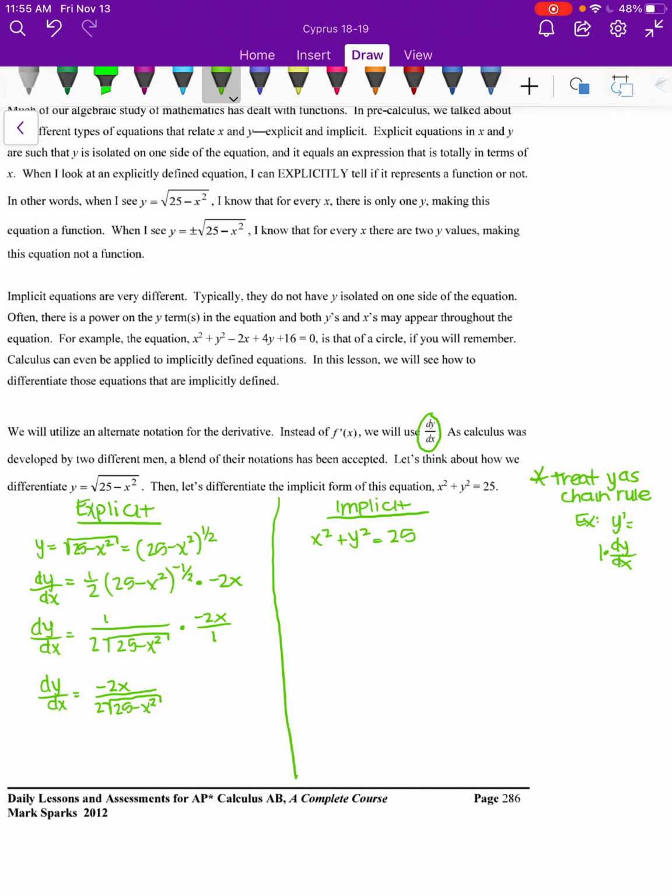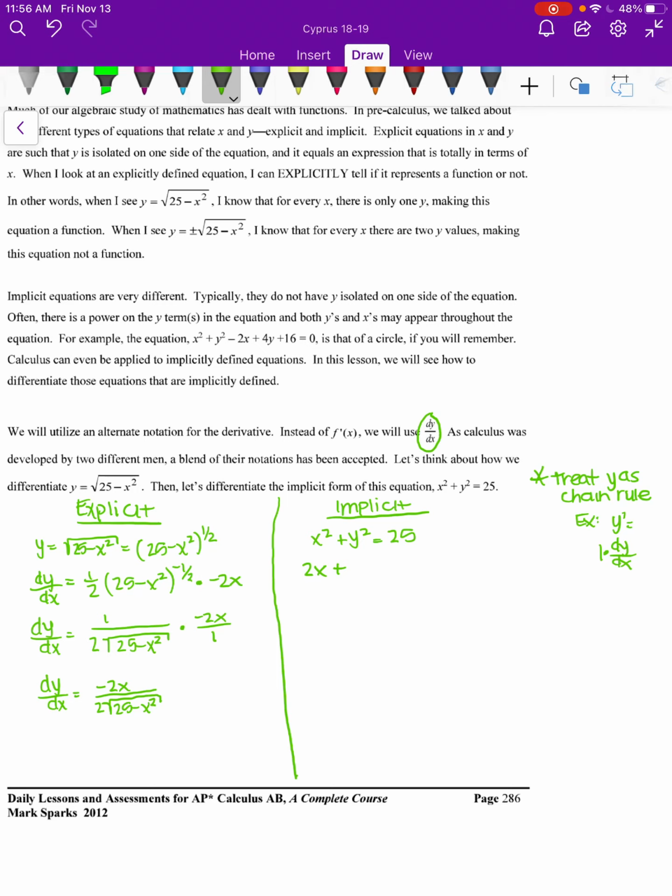So when we take the derivative of this implicit function, x is treated the same. We can do the derivative of powers and quotients and products just like we have been when x is involved. But if y is involved, we're going to have to do the chain rule. So taking the derivative of x squared, just like normal, is 2x, plus the derivative of y squared.